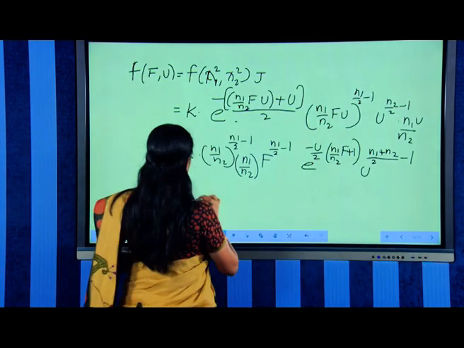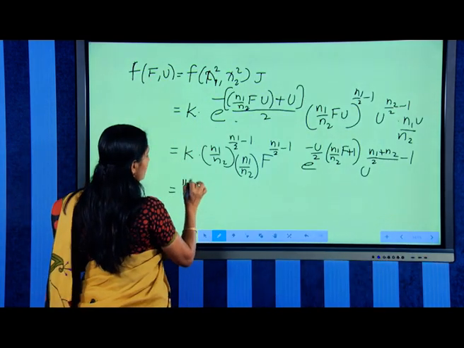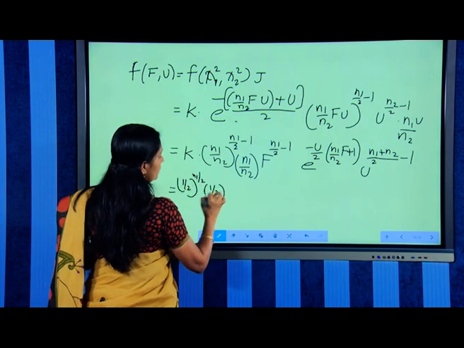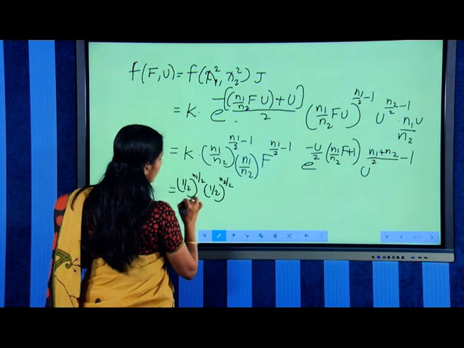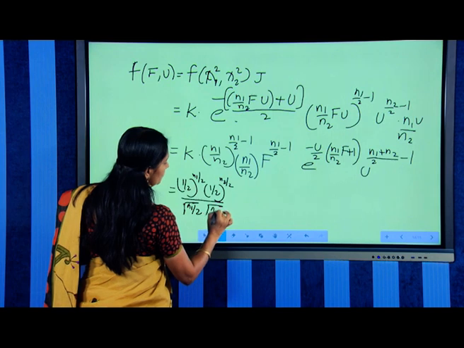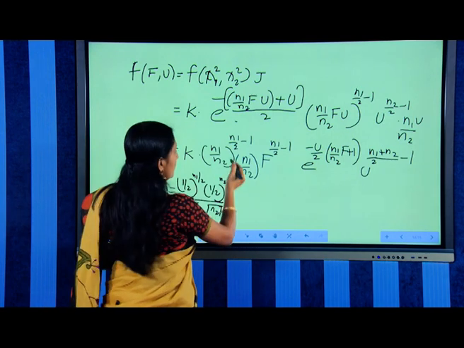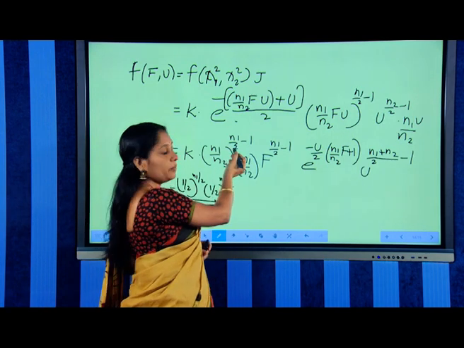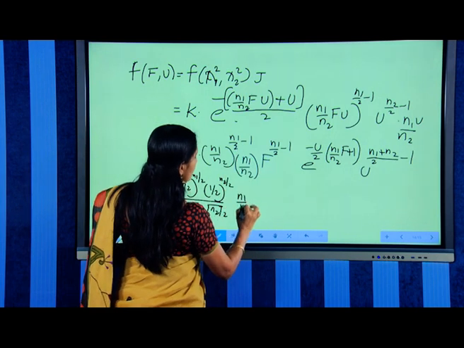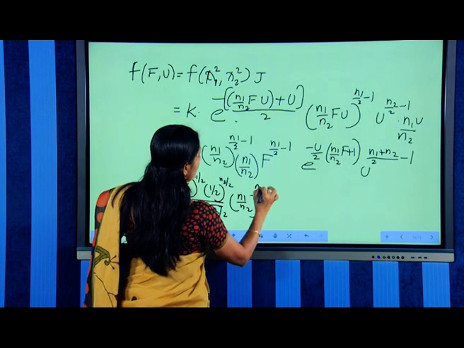So, this is equal to 1 by 2 raised to n1 by 2 into 1 by 2 raised to n2 by 2 divided by gamma n1 by 2 into gamma n2 by 2, n1 by n2 raised to n1 by 2 minus 1 and n1 by n2. So, we have n1 by n2 raised to n1 by 2.